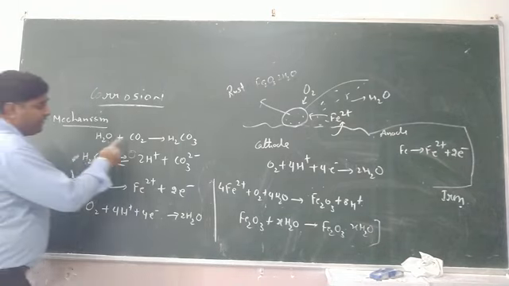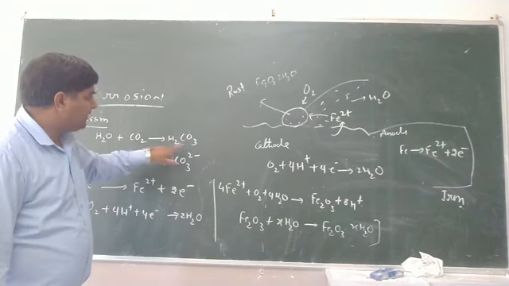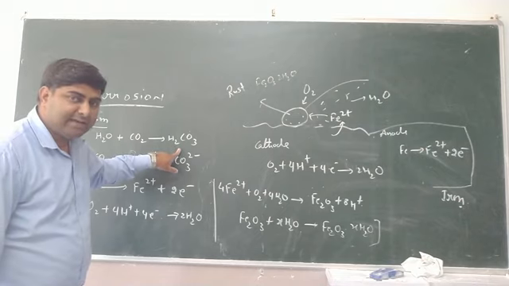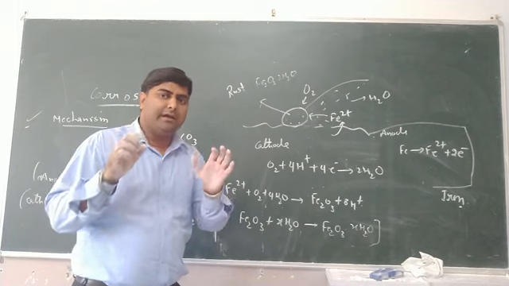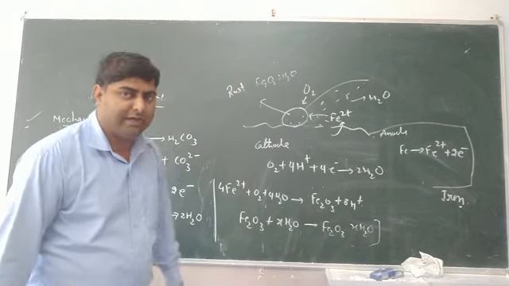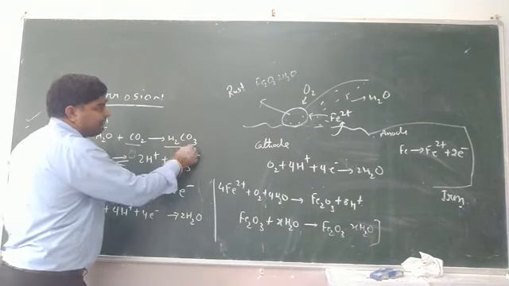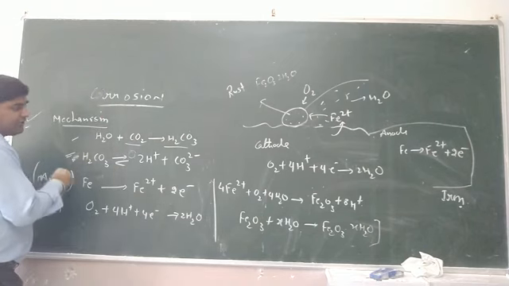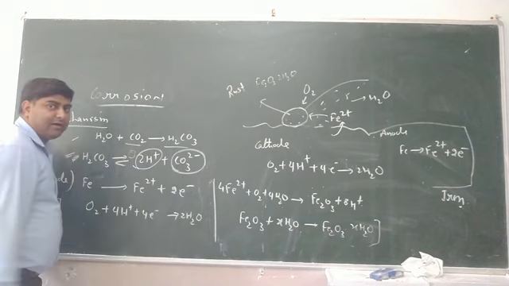Water, when it comes in contact with carbon dioxide from the atmosphere, forms carbonic acid, H2CO3, which acts as an electrolyte. So water combined with carbon dioxide forms H2CO3. This carbonic acid dissociates to form hydrogen ions as well as carbonate ions.